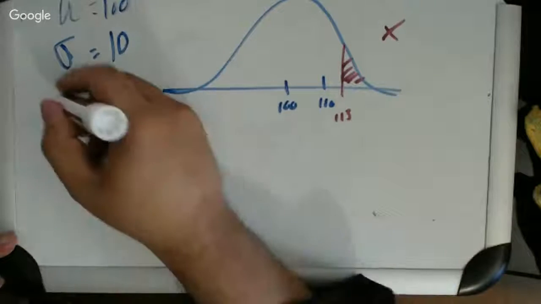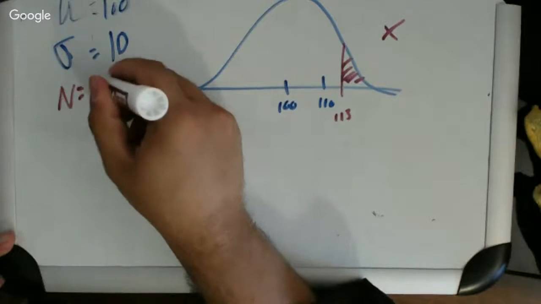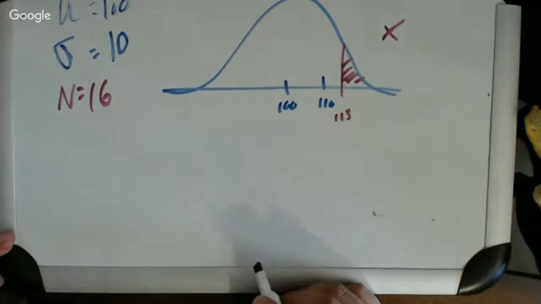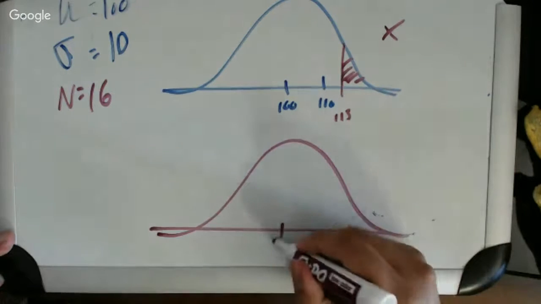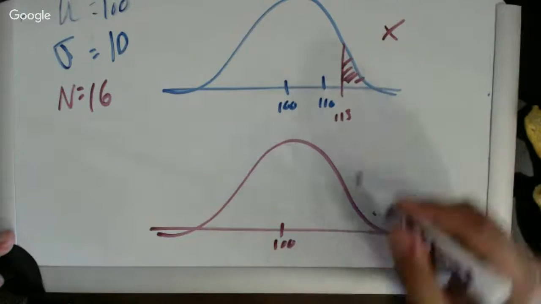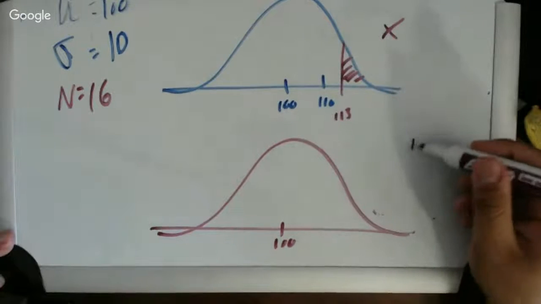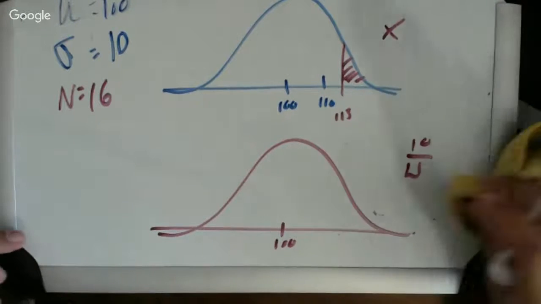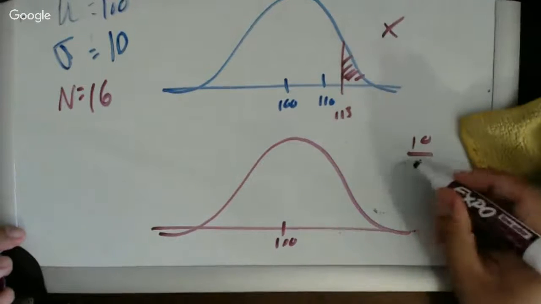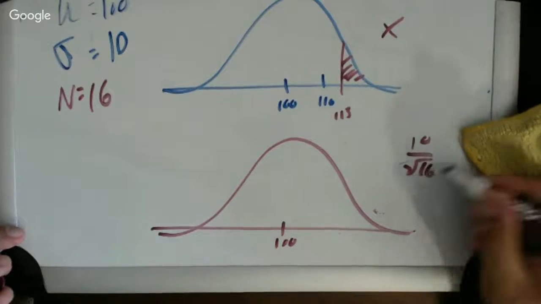And then you can say, well, now if I took the same data, but I took a sample size of 16, how's that going to affect things? So this distribution still centers at 100, but now instead of being up by 10, it's 10 divided by the square root of 16.